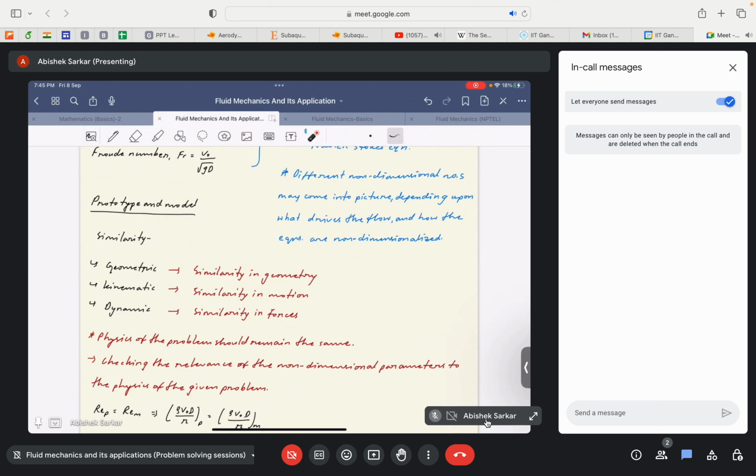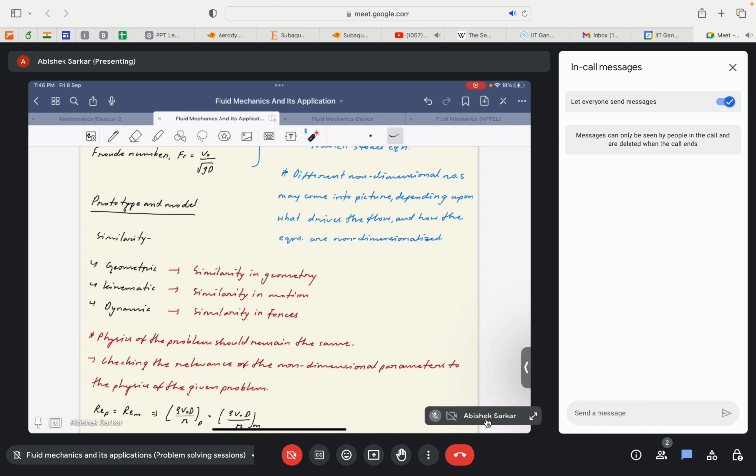Okay, so then comes the concept of similarity. While understanding the flow physics, what I'm saying is that most of the time it's not possible to replicate the exact flow condition or flow scenario while designing an experiment.